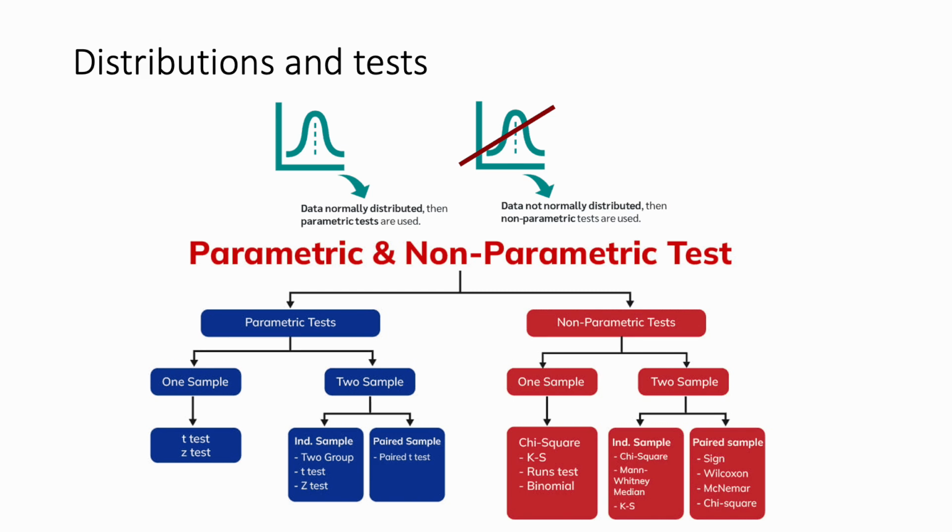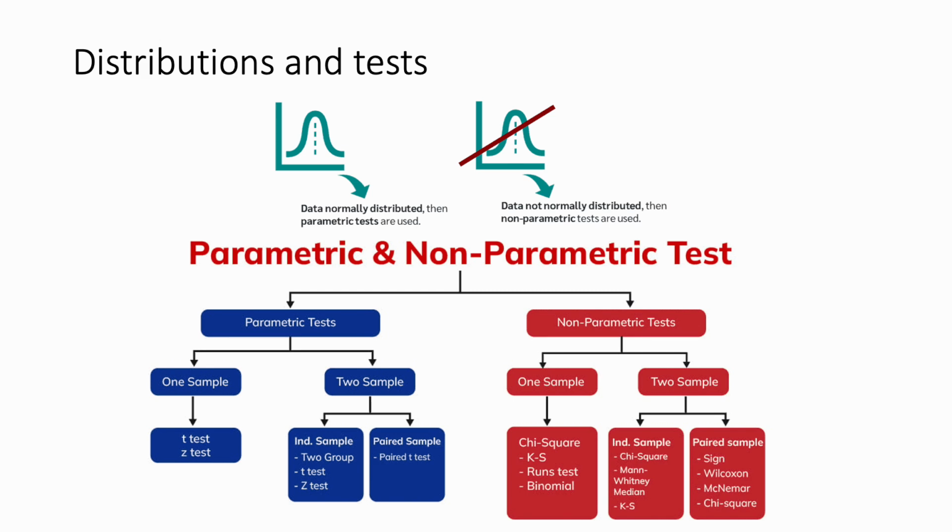non-parametric tests. So here, if we have one sample, we are going to use the chi-square test or KS, runs test, or binomial tests. If we have two samples, in this case, we are going to use independent sample or paired sample tests. Again, if we are dealing with the same population for the adverse drug reactions, these are dependent samples.